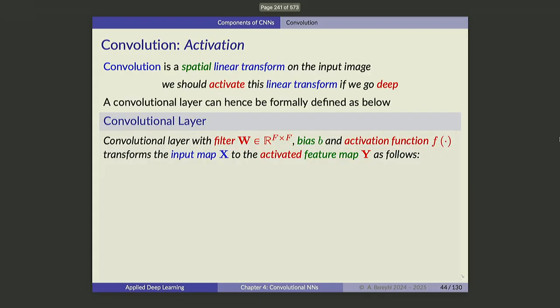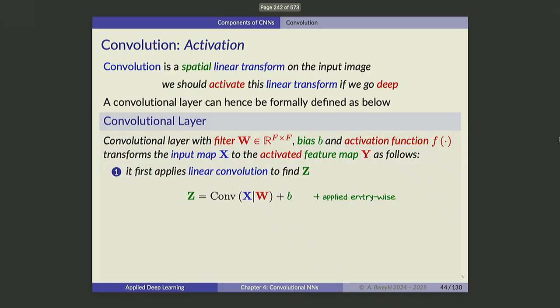So you say you have this filter W, and then you have input map X. You basically first do the convolution. This is not usually the case, but if you want, you can add a bias as well. So once you've computed all the convolution, then you add a bias to every single entry, right?